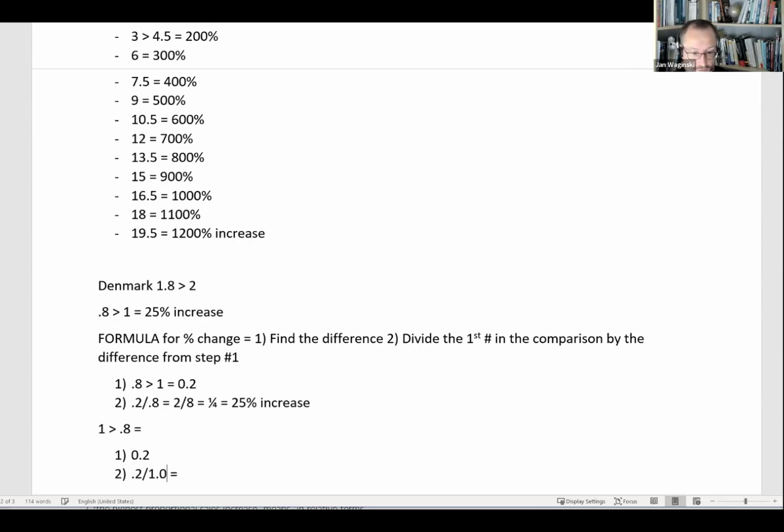The 0.2 over 1.0 is the same as 2 over 10, which is 1 over 5, which is 20% decrease.